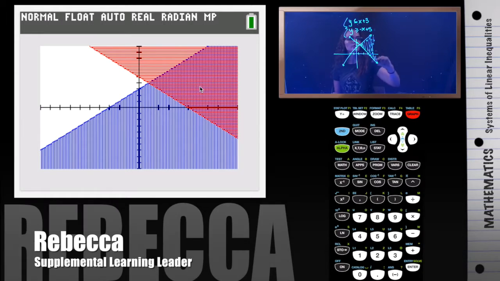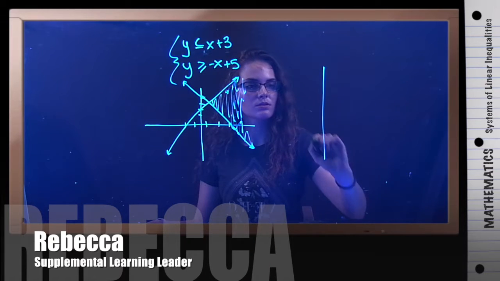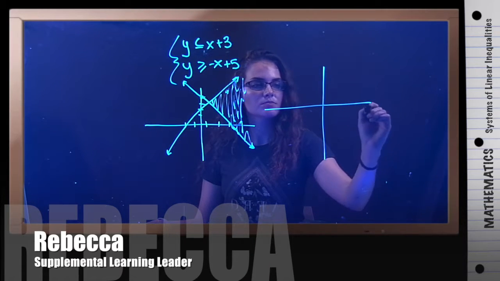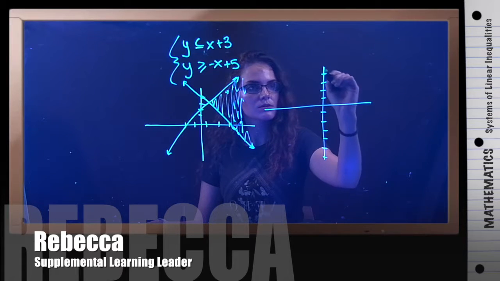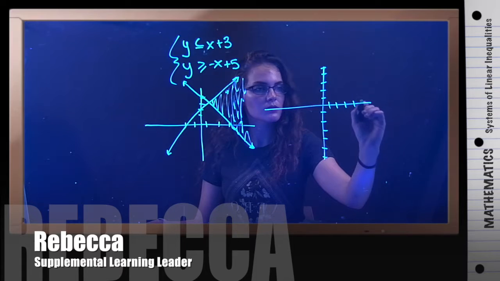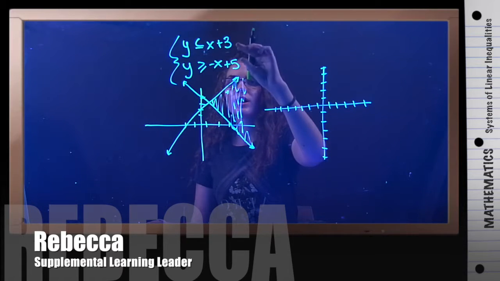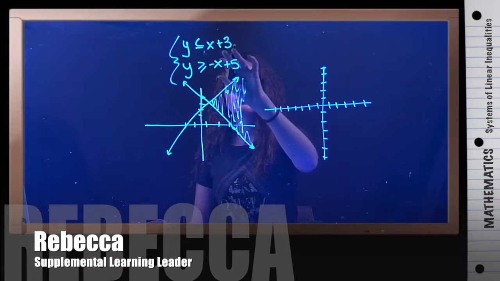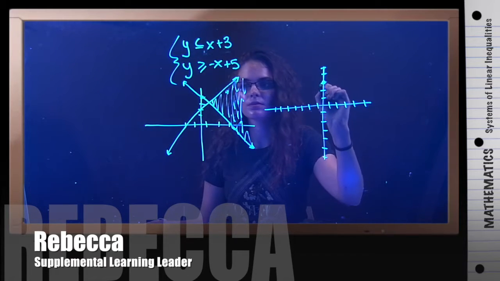Now I'm going to show you how to do it by hand. So draw our tick marks. These are both already in y equals mx plus b form. So for the first one, your y-intercept is at positive 3.